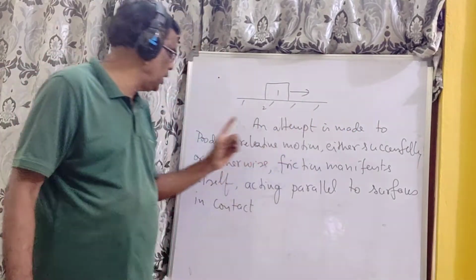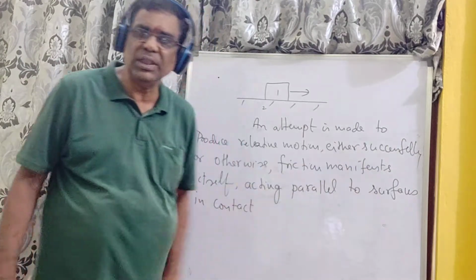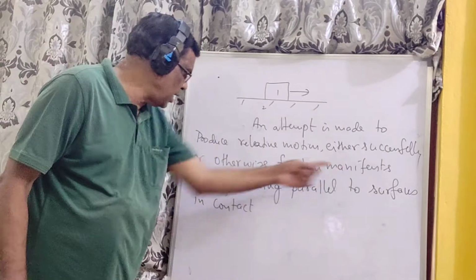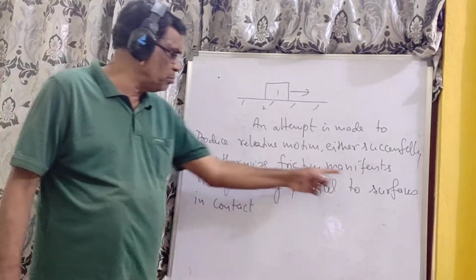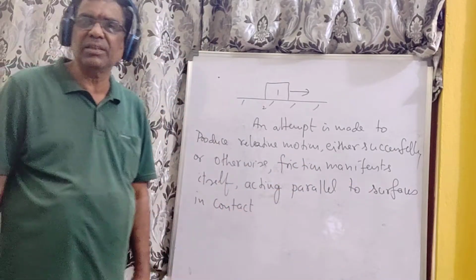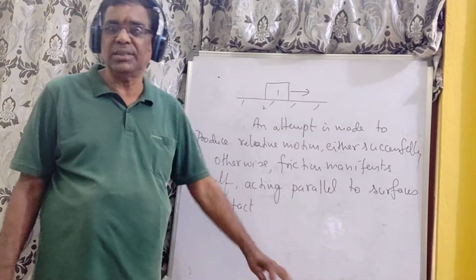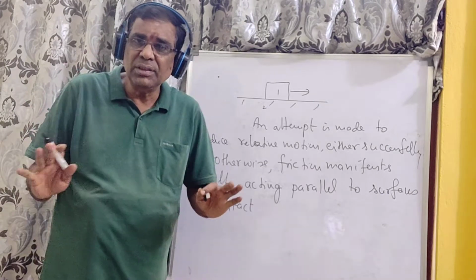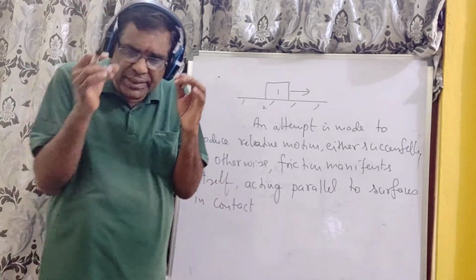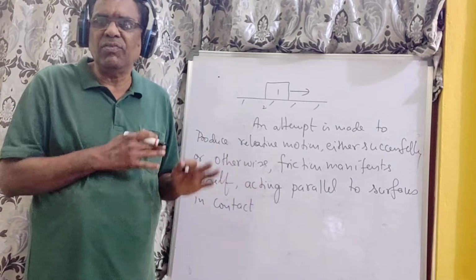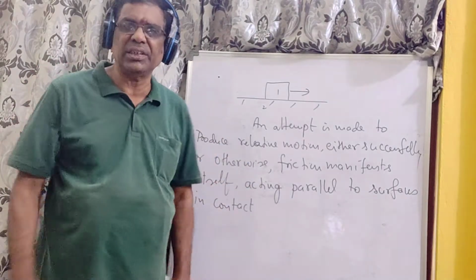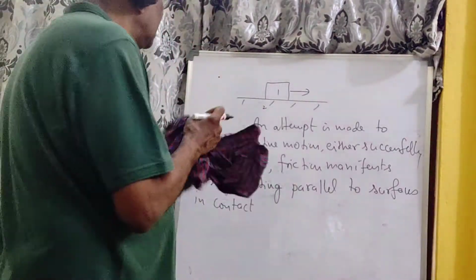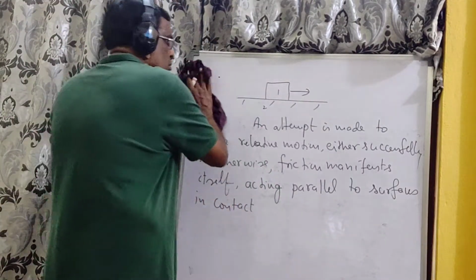Whenever an attempt is made to produce relative motion, either successfully or otherwise, friction manifests itself acting parallel to the surfaces in contact. This is important. It is a real force. One of the best examples of real forces is friction. This is an electromagnetic force.